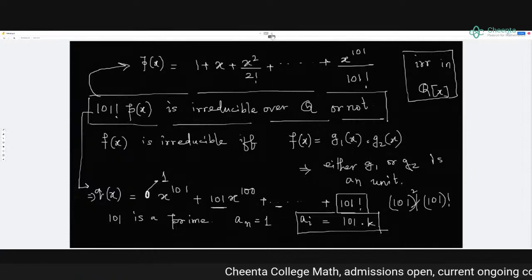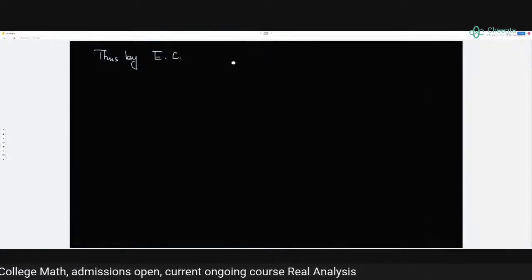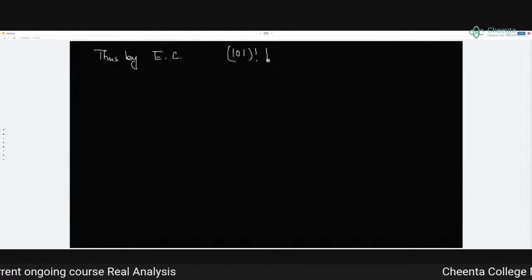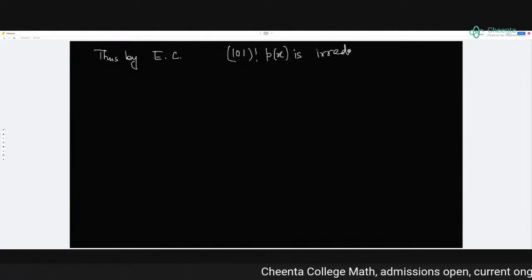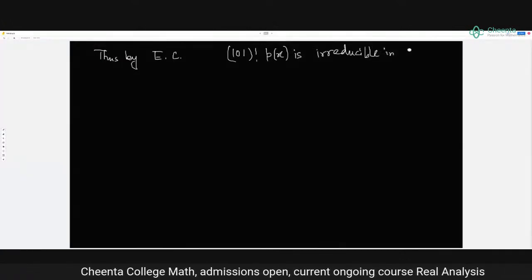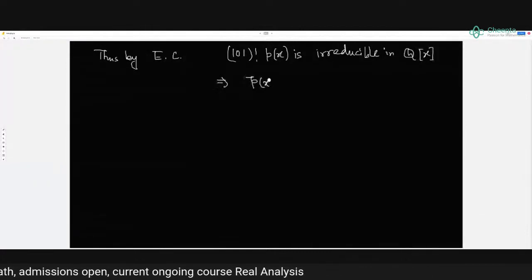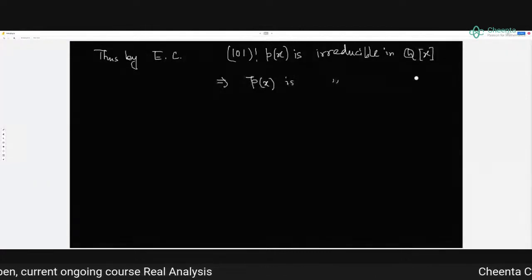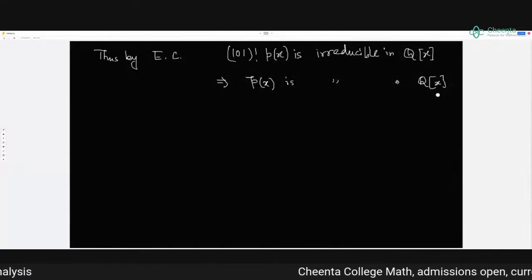Hence, by Eisenstein's criterion, 101 factorial P(x) is irreducible in Q[x]. This implies P(x) is irreducible in Q[x]. Thus, this statement is true.